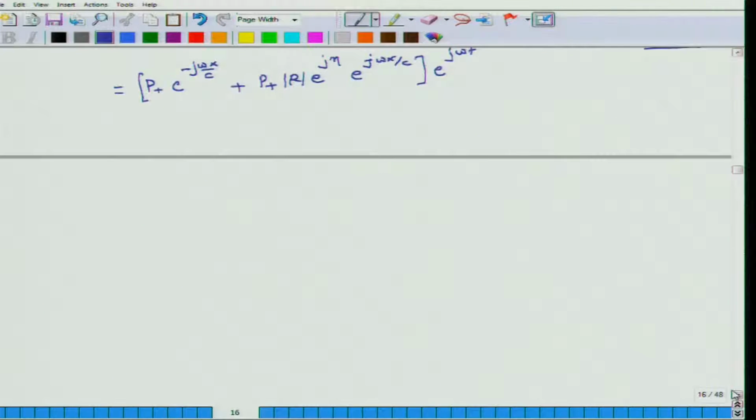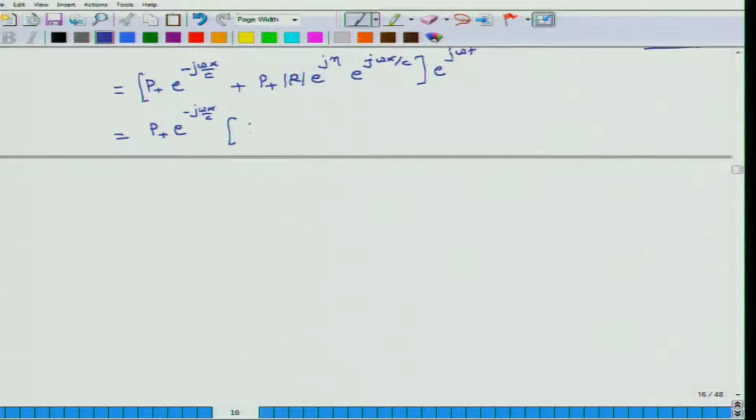Okay, and I can rearrange this, so I can bring P plus out, and I can also take e to the minus j omega x out.